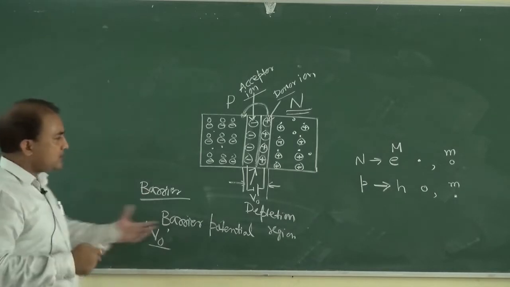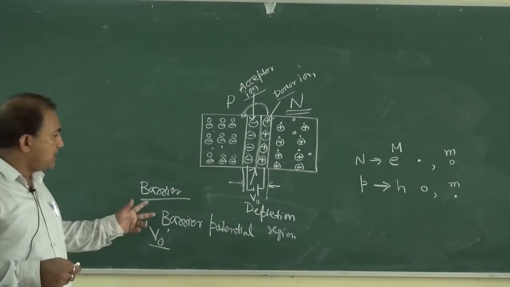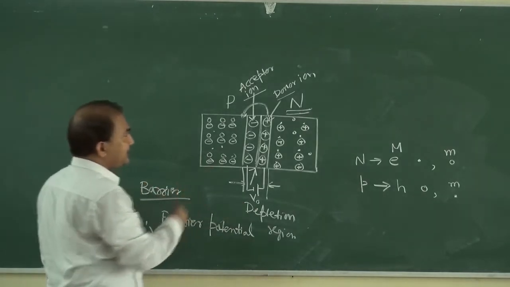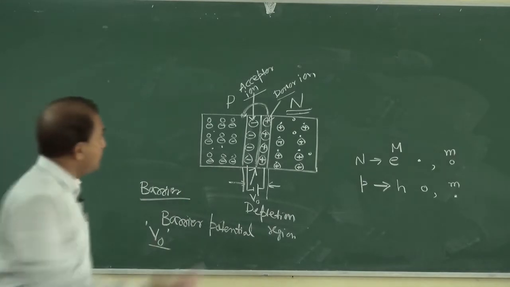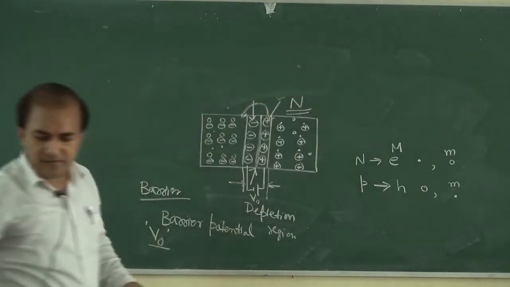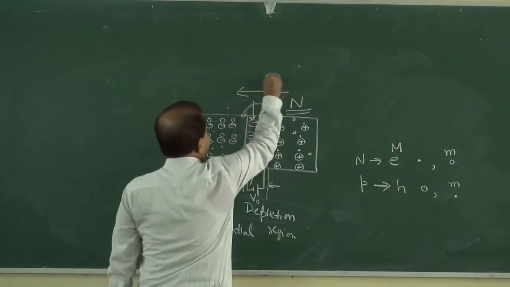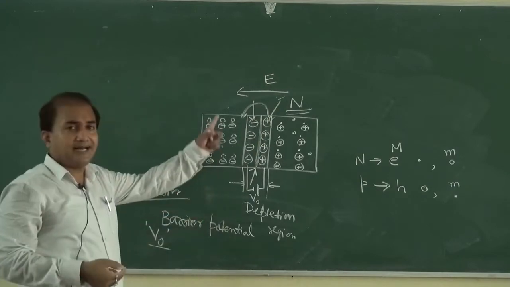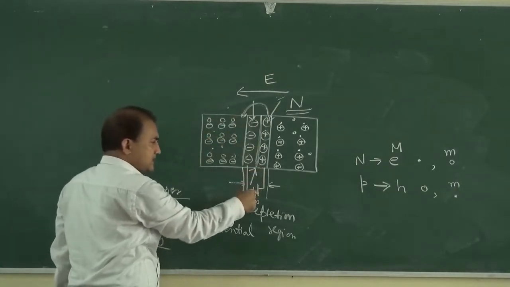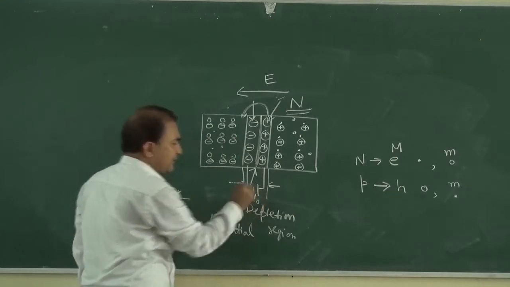Okay, so we have seen how the depletion region is created and how the barrier potential is created. Now, what will be the direction of the electric field? The direction of the electric field is from positive terminal to negative terminal of this barrier potential V0.